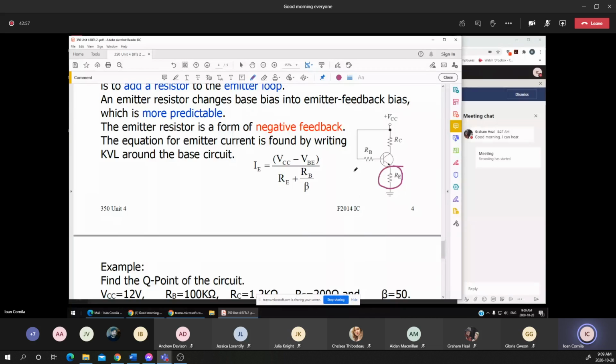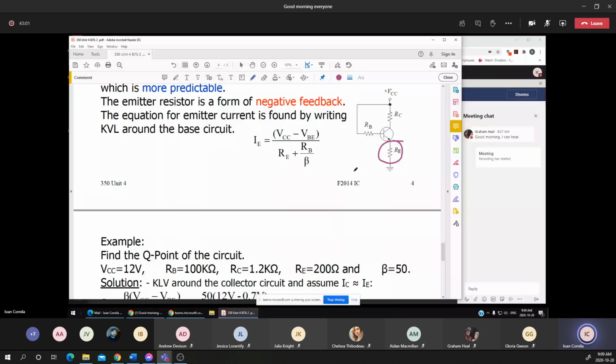Now, this type of circuit has a different approach. The approach is, first of all, we have to determine the current that flows through the circuit, to determine the IE. We know that the IE is the same as the IC, the current that flows into the collector.